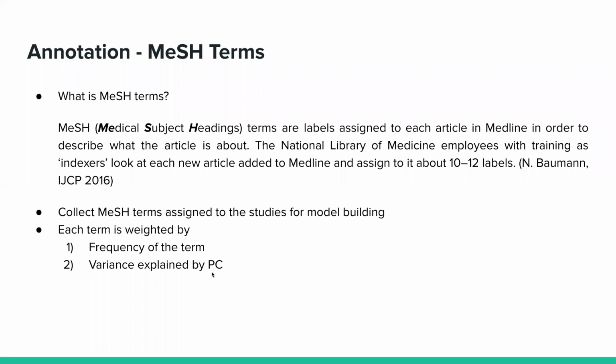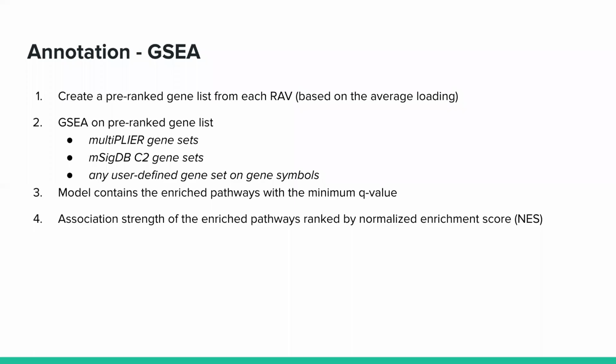So a term from a very small component of the data set will have less weight than the first one. Again, the gene set analysis results are all included in the models, along with enrichment scores.